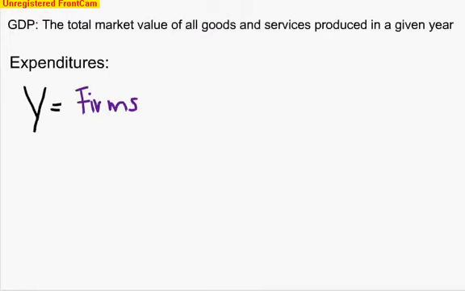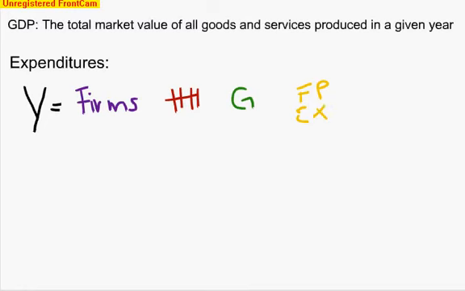We also have households, we're going to have the government, and then we're also going to have foreign purchases. So foreign purchases in the form of exports.